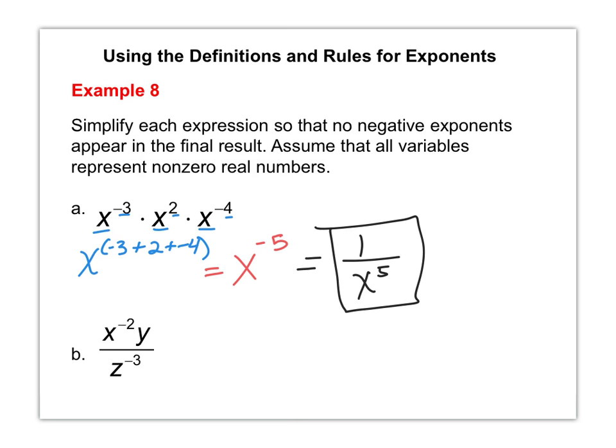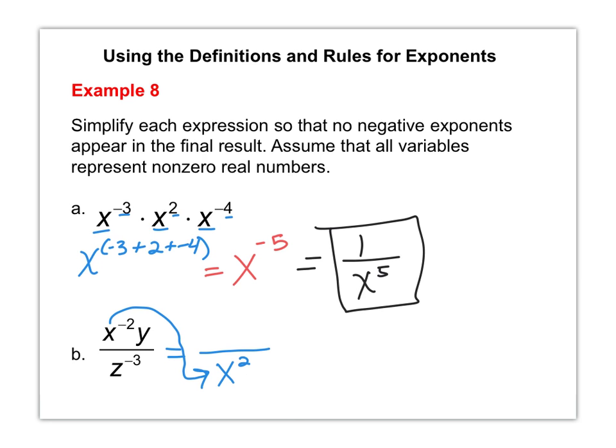In part B, notice that we have some negative exponents. We can rearrange the terms in the fraction so that we have only positive exponents. Now this x to the negative 2 power, we're going to write that in the denominator as x to the positive 2 power.